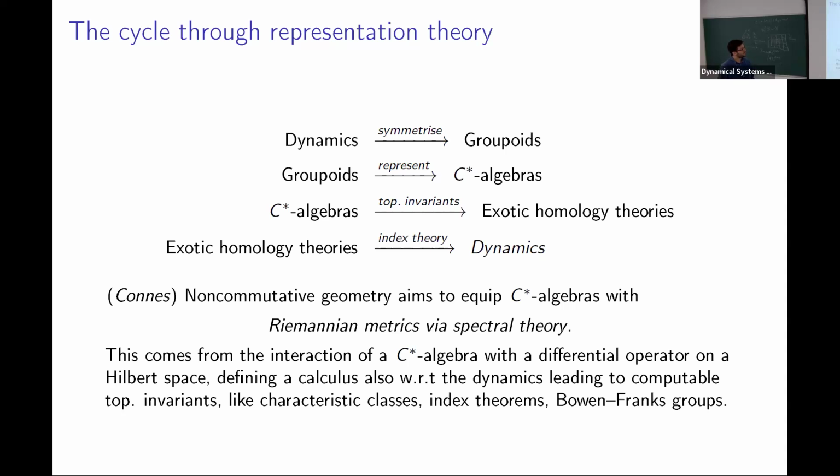And then the C*-algebras allow you to obtain topological invariants into homology theories, like K-theory. And these give index theorems for dynamics, so you go back. This cycle offers you, through representation theory, a way to obtain topological invariants for dynamical systems.